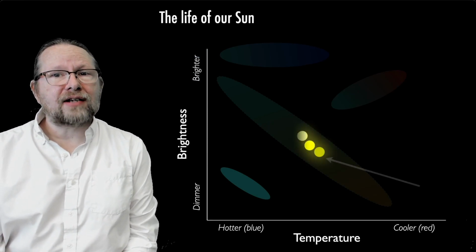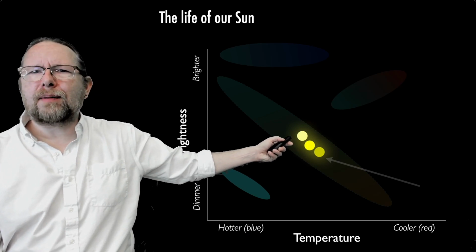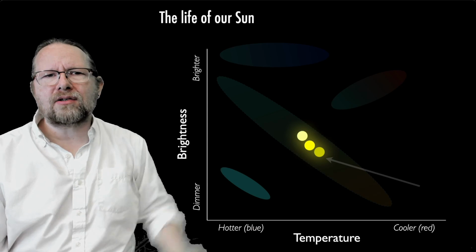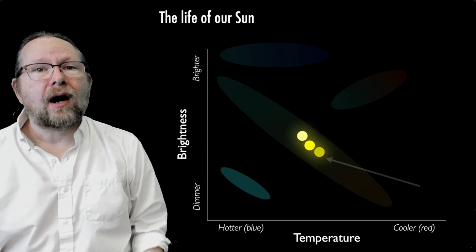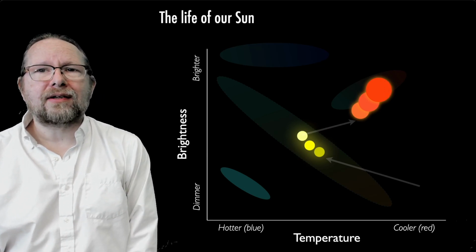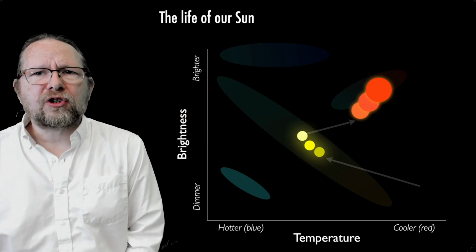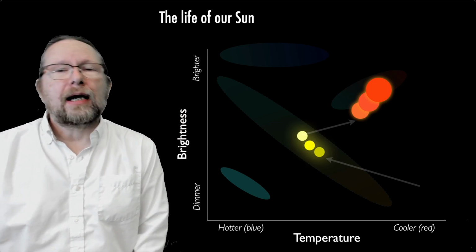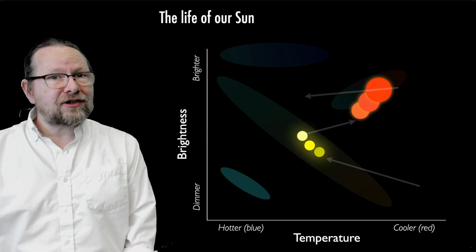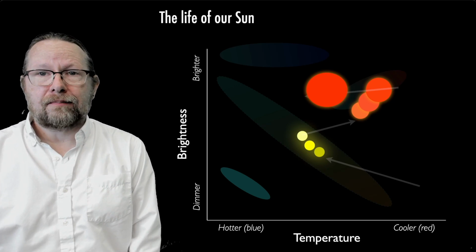Our sun started as a main sequence star, started a little bit dimmer than it is today, got a little bit brighter over time, but mostly stayed stable with the same temperature and the same brightness for 5 billion years so far. Another 5 billion years, the balance between its gravitational pull in and its thermal expansion outward will shift. It will become a subgiant until that point where it reaches its helium flash, when it will become an actual honest-to-goodness red giant.